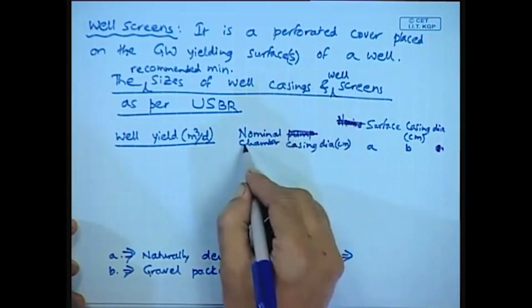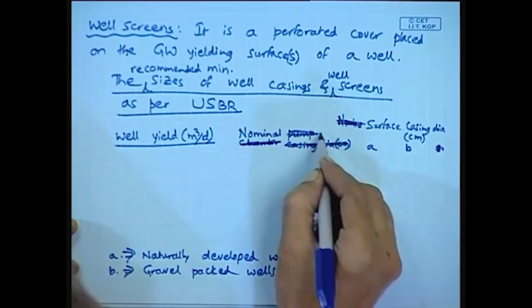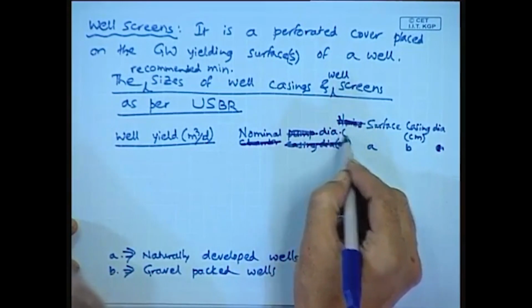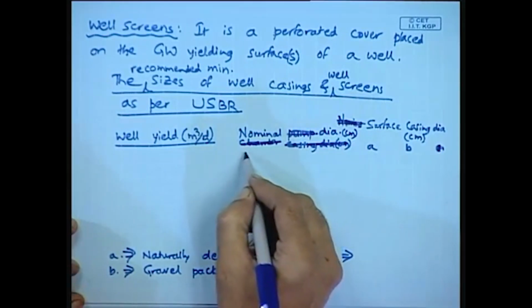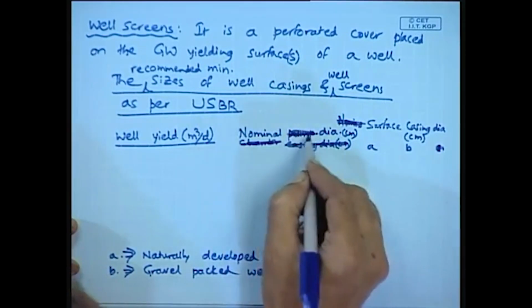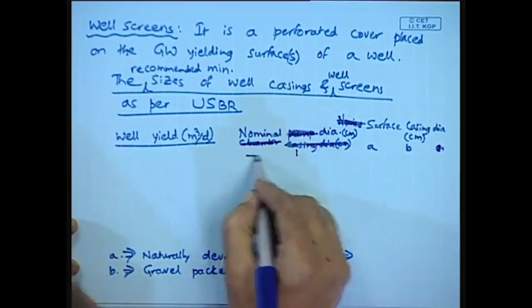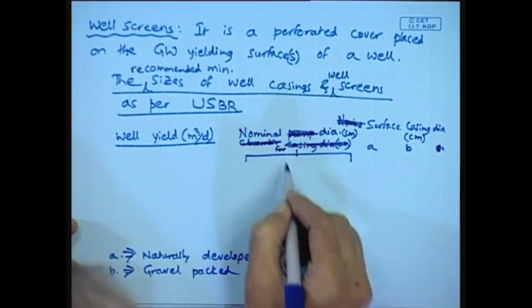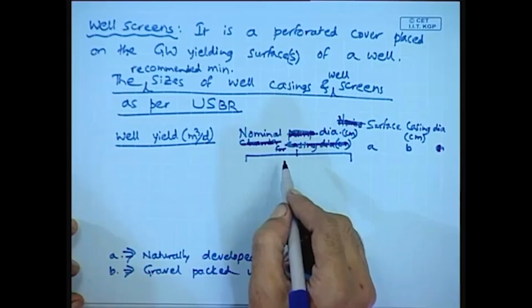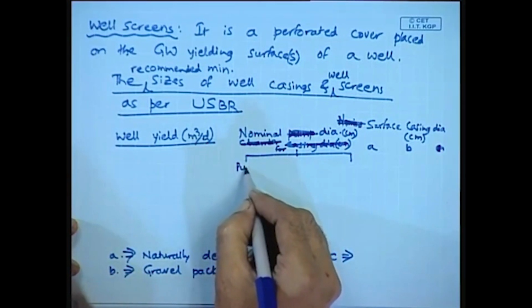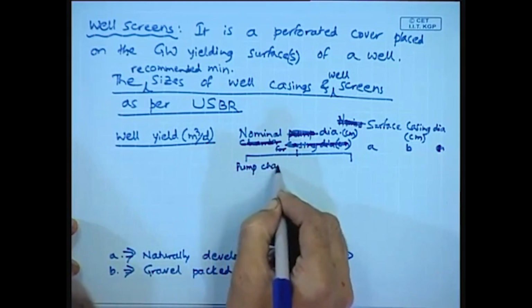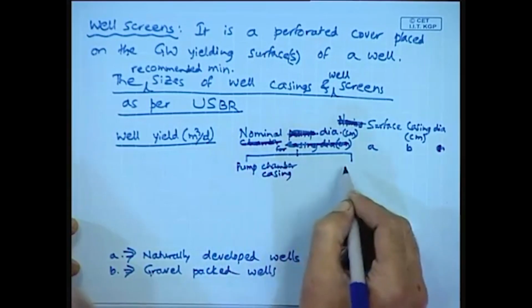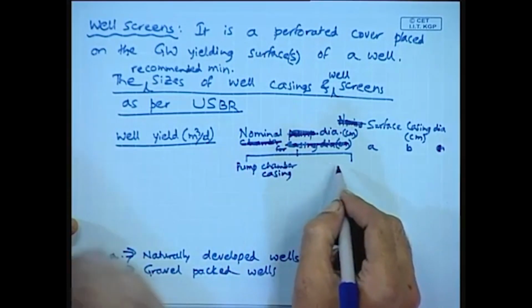Here let me do it like this: nominal diameter in centimeter of pump chamber casing and then well screen.